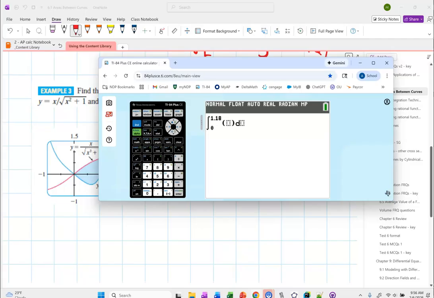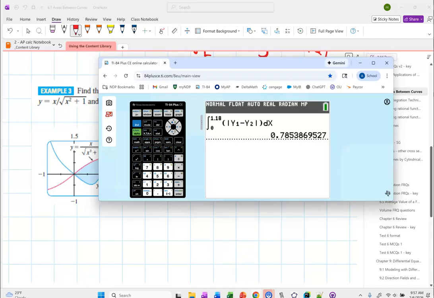Then to get the absolute value, do math, go over to number, absolute value, and then I'm just going to do y1 minus y2. I don't want to type those things in again. So vars, y vars, function y1 minus vars, y vars, function y2, and then dx. I'll let the calculator handle the whole thing.